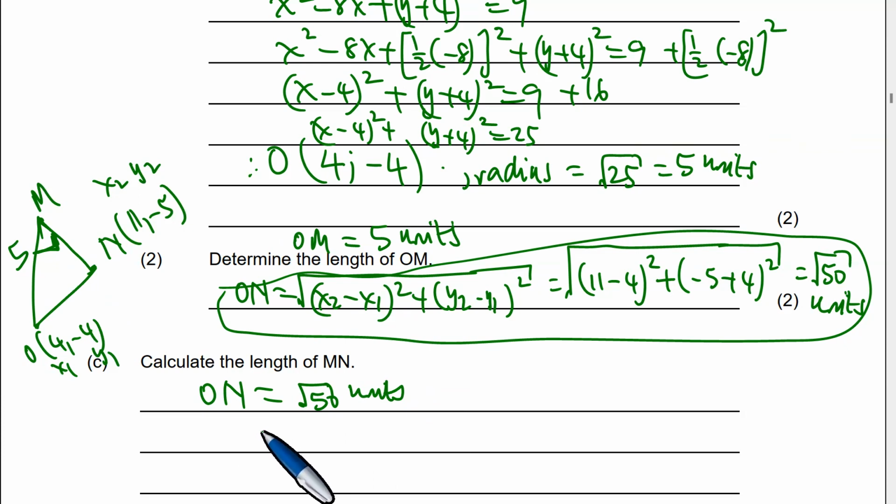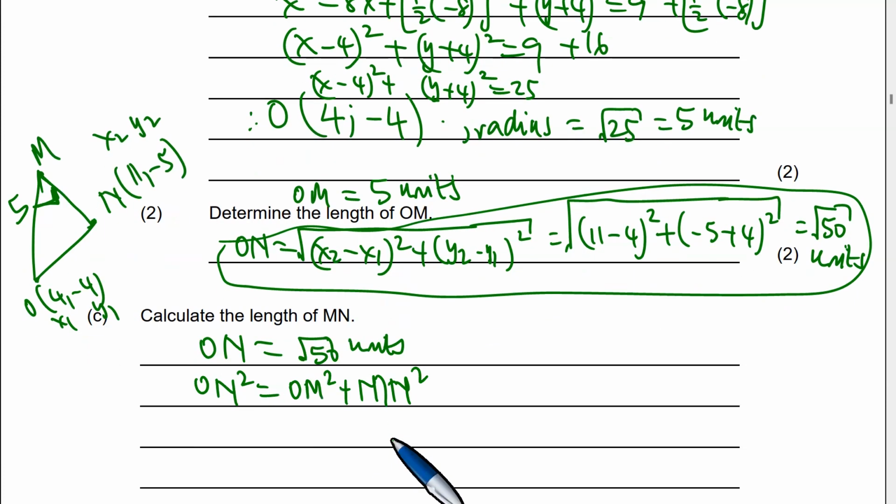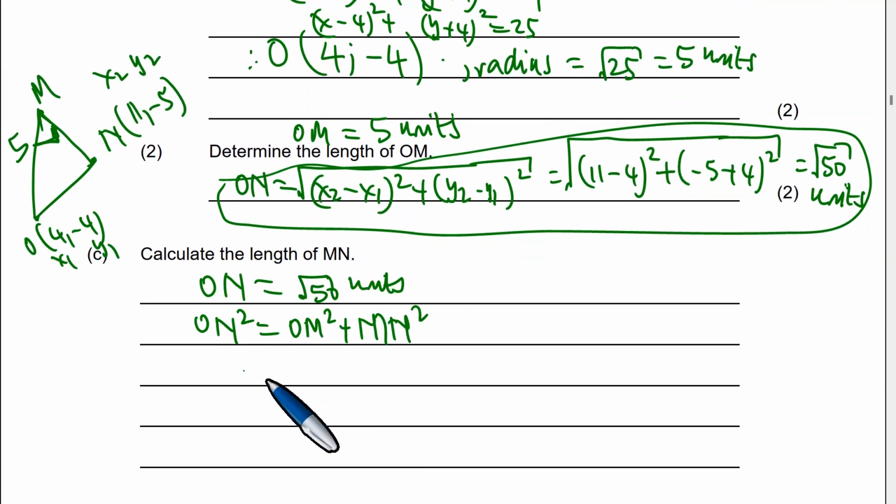What is ON squared? ON squared is OM squared plus MN squared. ON is the square root of 50, OM is 5 squared, and then we need the MN.